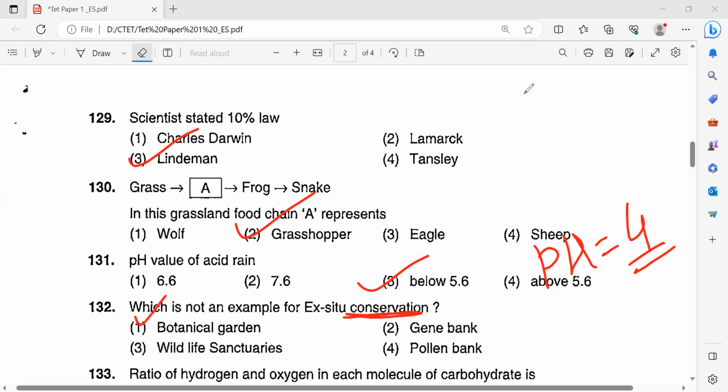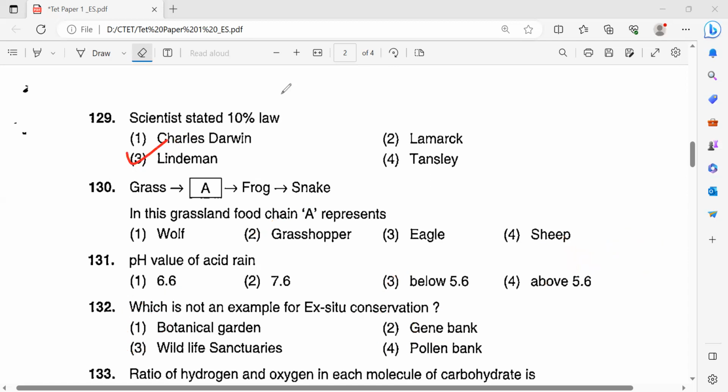Botanical gardens, wildlife sanctuaries, and pollen banks where pollen grains are stored are all ex situ conservation. But genes, the structural and functional units of chromosomes, cannot be stored in a zoo or a wildlife sanctuary, in an open setting. A gene bank is stored in a laboratory condition.